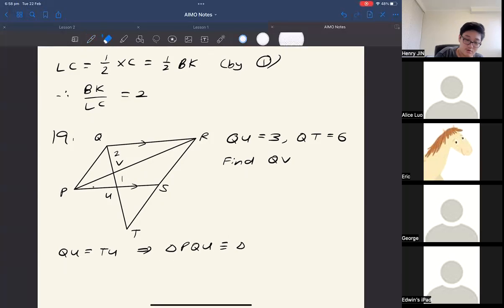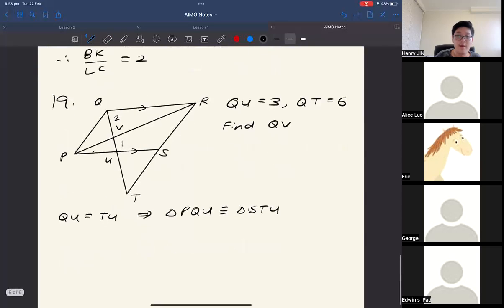So it's always good to put them in corresponding sides. So yeah, PQU is congruent to STU. And from there, you end up having PU equals SU, yeah? Because they are corresponding sides of our congruent triangles.